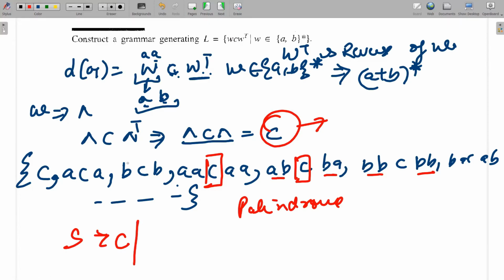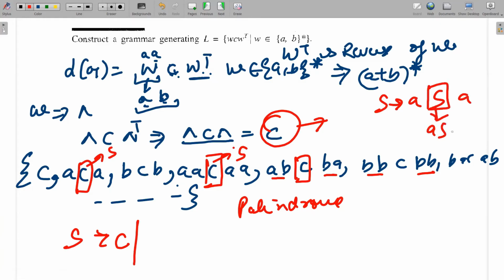For the other parts, if you put S over here, I can clearly write ASA. The S value can be my C, but this S value can also be written as ASA over here.